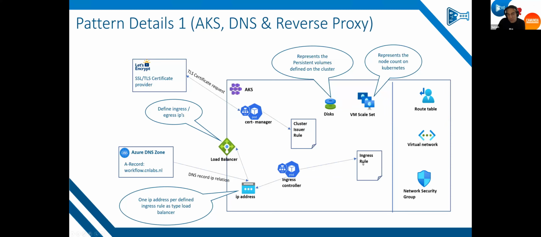You have an ingress rule, which defines the DNS record and the certificate you want to use, and that way the internal scheduler of AKS knows how to request an IP address, which will be automatically created on Azure, and a load balancer to provide that capability for ingress and egress, so inbound and outbound traffic.